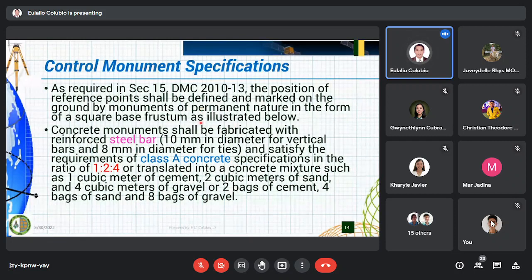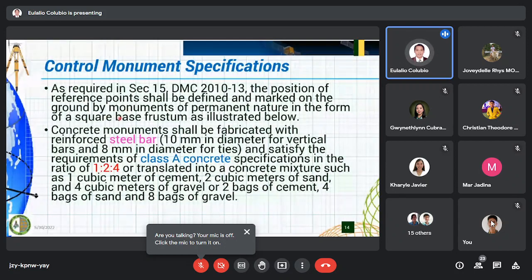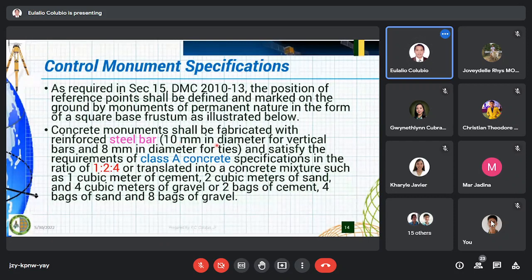solid dimension. And the concrete monuments shall be fabricated with reinforced steel bar, no? So dapat naay kabilya, no? But some of the contractors, walay kabilya ang ubang monuments nila. And with the diameter of the steel bar of 10 millimeters for the vertical bars and 8 millimeters for the tie-ins, no?